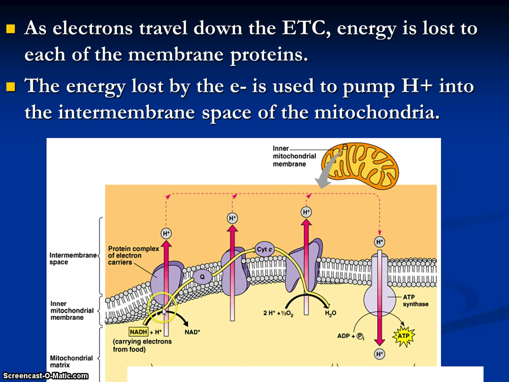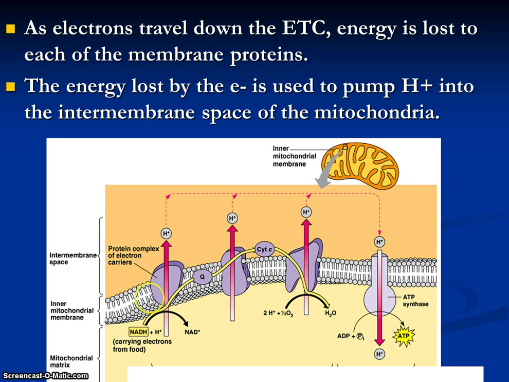And then as these electrons get transferred along this protein chain, it's going to be releasing energy until all of the energy can be harvested. Okay, it's going to be harvested by this process.